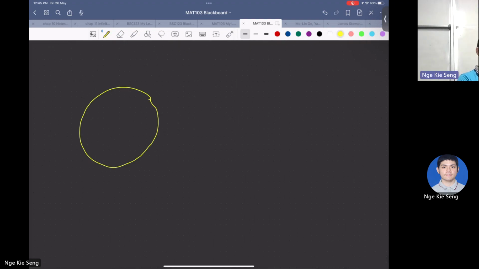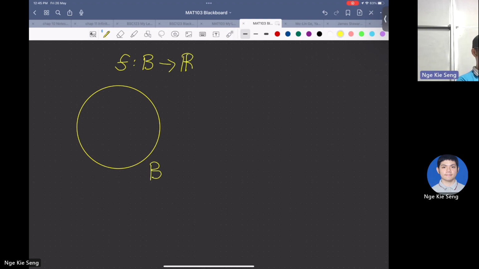Let's say I want to define a function on this ball here. I want to find the maximum, minimum, absolute extrema here. So I need to determine the stationary point and check the value, the singular point and check the value, and the boundary point and check the value. So what's the boundary here?